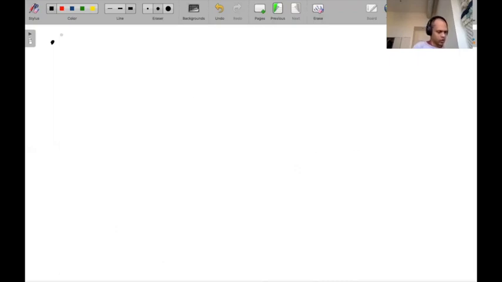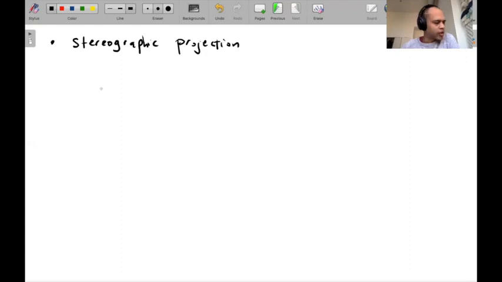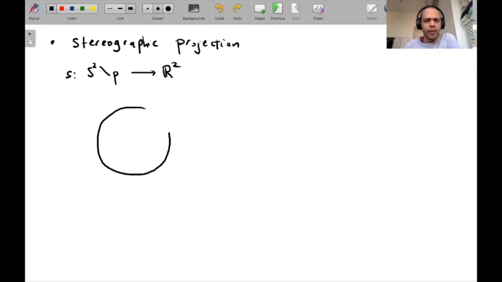Another example is, I want to revisit the example that I mentioned a few times ago, stereographic projection. Remember, this was a function from the two sphere minus a point to R^2. And the claim was that this function was actually a topological equivalence.